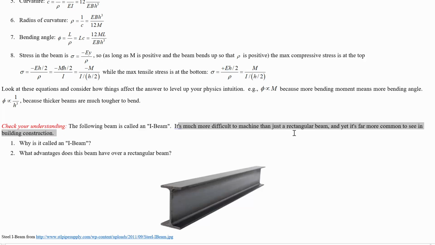It is much more difficult to machine than just like a straight bar there, like a rectangular thing. If you were to smush this all together, the same amount of steel into a pure rectangular cross-section, but this is much more common to see in building construction. Why do you think that is?